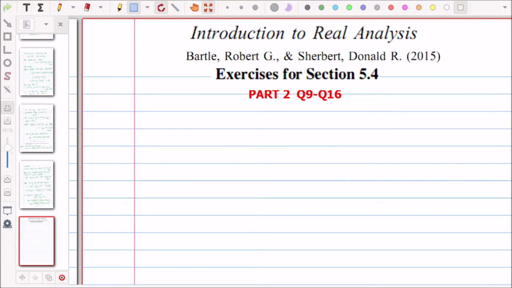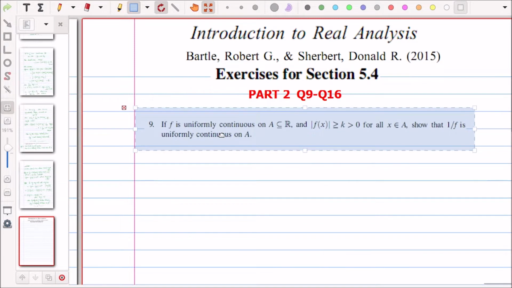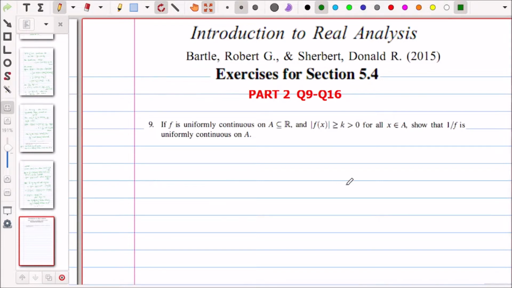In question number 9 we are given a uniformly continuous f and we have to show that 1 by f is also a uniformly continuous function, provided the function has a lower bound which is positive on the domain of f. So let us start with its proof.